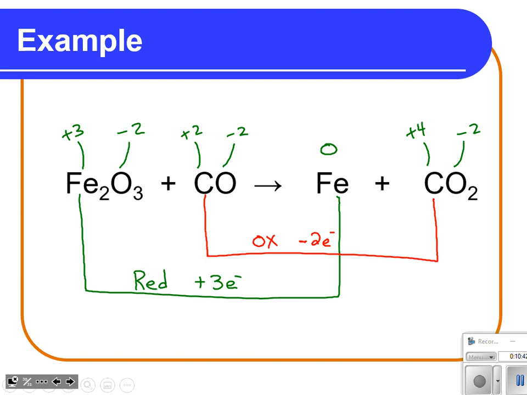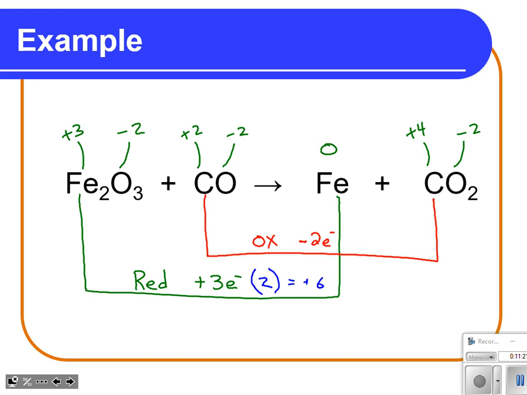Okay, step 4 says to make the total increase in reduction equal the total decrease in oxidation. So since I have reduction gaining 3, I have oxidation losing 2. I'm finding my least common multiple between 3 and 2, and in this instance, that makes 6. So when I look at my reduction, I'd need to multiply that by 2 to get a plus 6.